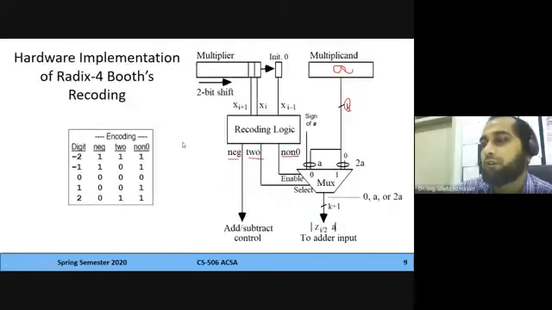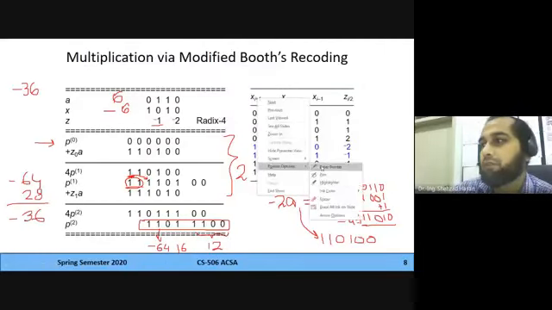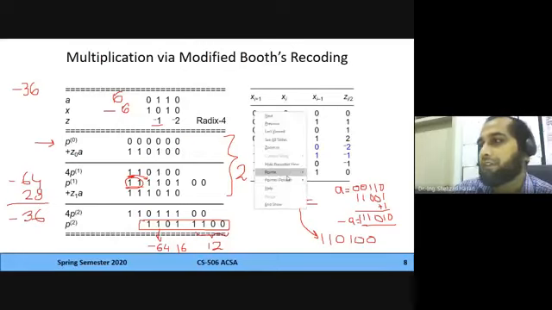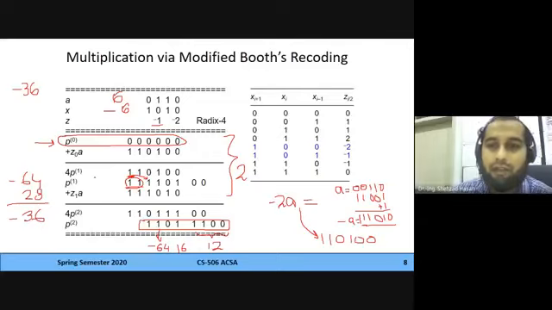So this thing here is your second input, right? So you need to add P with this number over here.